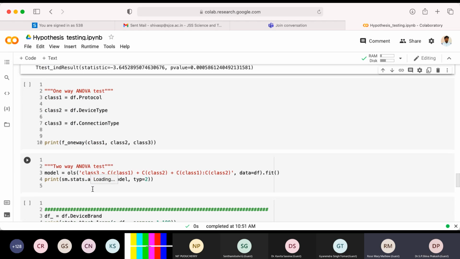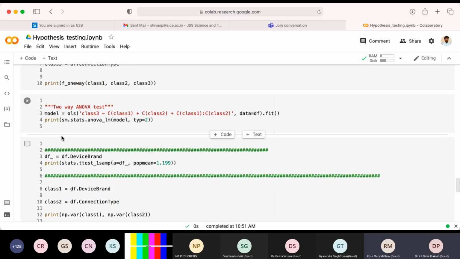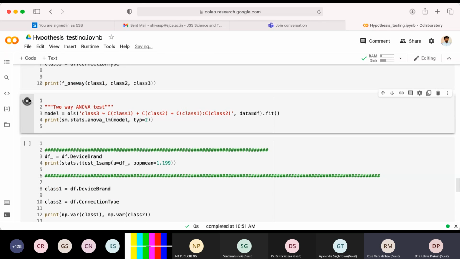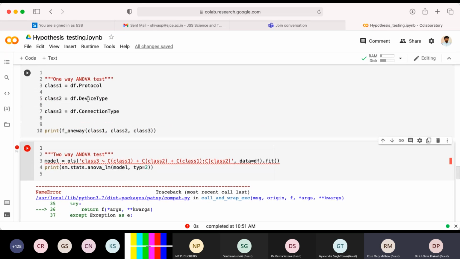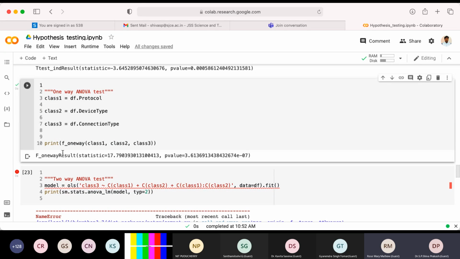And finally we can go with an ANOVA test, one way and two way. Sorry, one way. So it has resulted in some value.